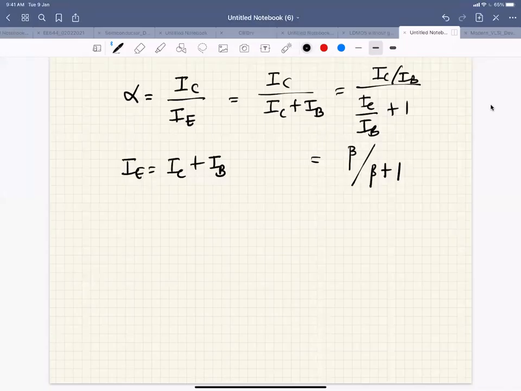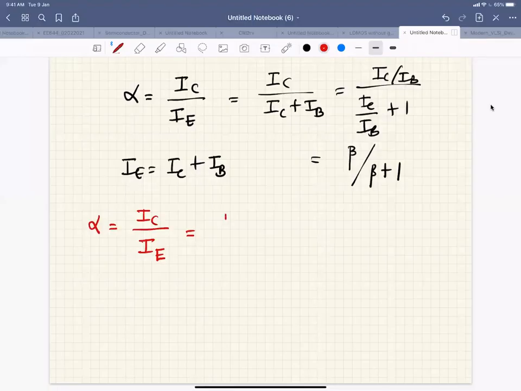But if you look at your alpha, let me write it in another form. Alpha is IC by IE.